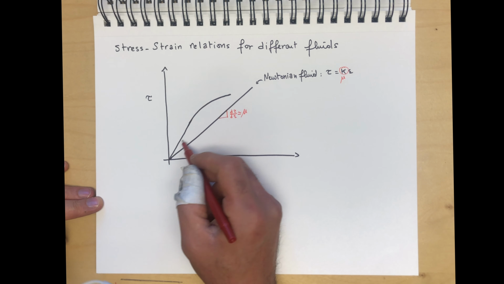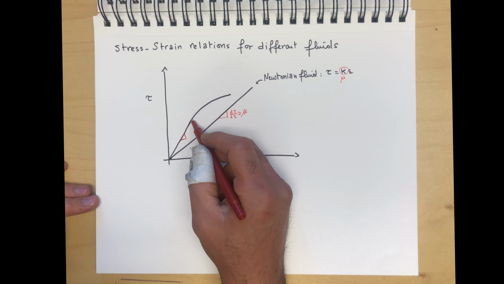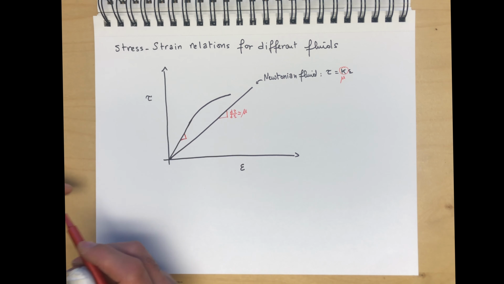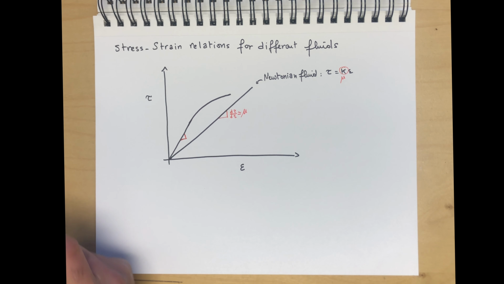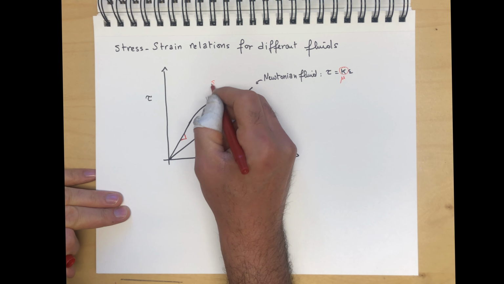For these types of fluids, initially you're starting with a kind of constant viscosity, but then locally the viscosity starts decreasing as you apply more stress. And we call these types of fluids shear thinning fluids.